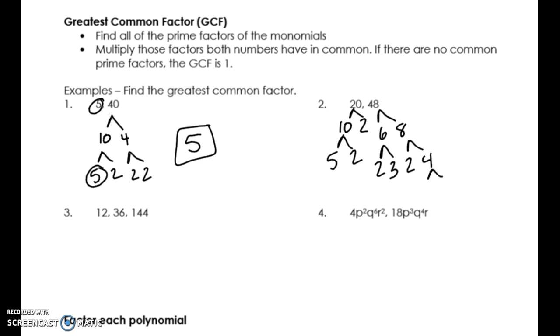And then 4 we know is 2 and 2. Okay, so what do they have in common? 2. They both have 2 2s. So I have 1 2 here, 1 2 here. And I have 1 2 here, and 1 2 here. So I'm going to multiply those together, the 2s that are in common. 2 times 2 means my greatest common factor is 4.